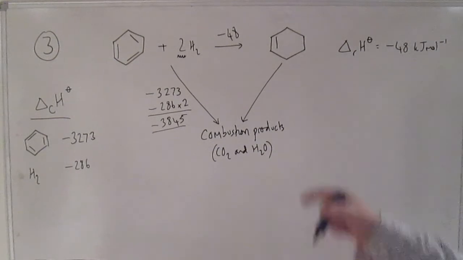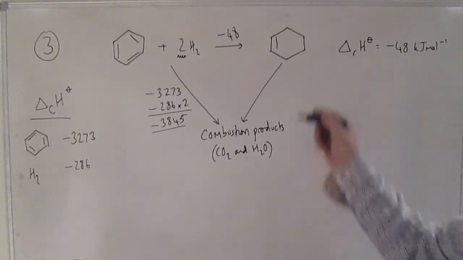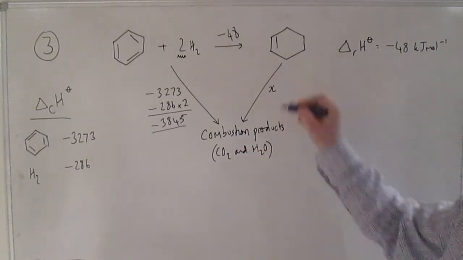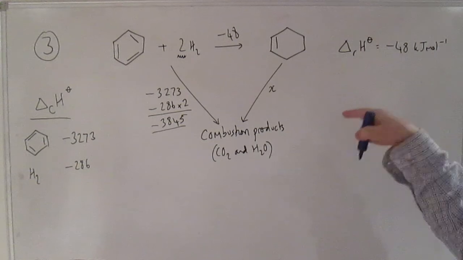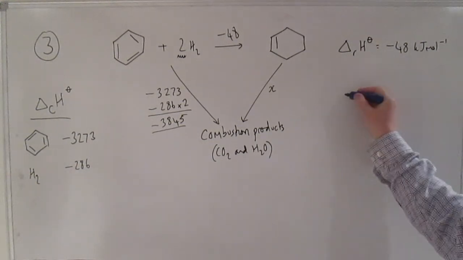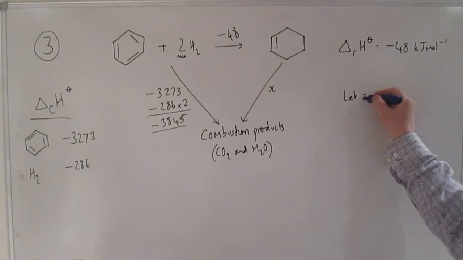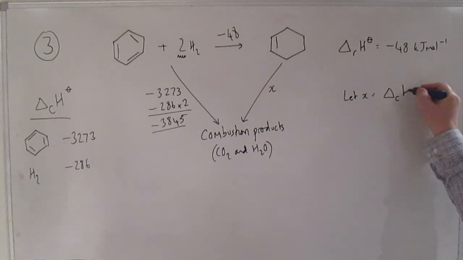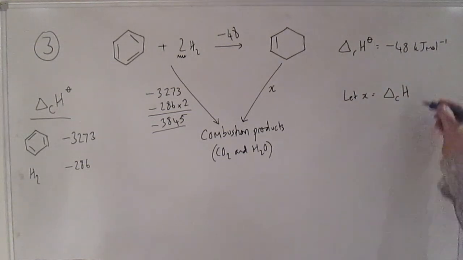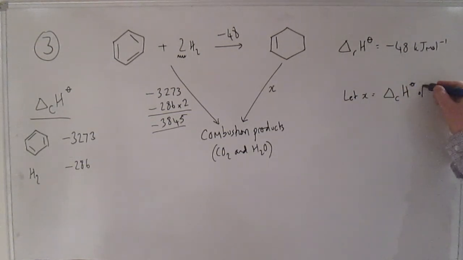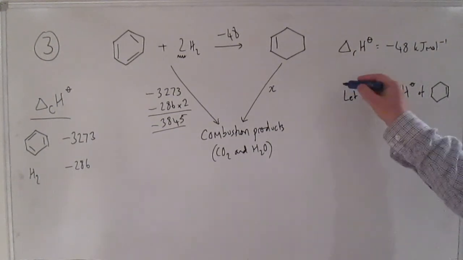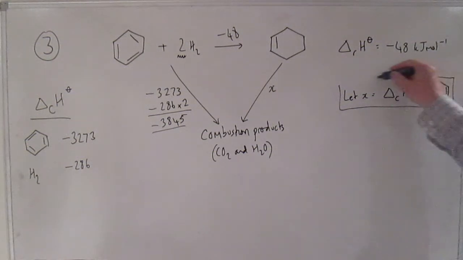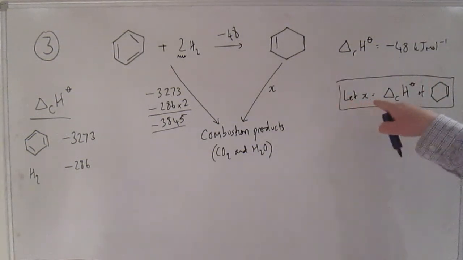Now this one is the one we don't know, so we call it X. And when you do that, you should put a little definition in to say let X equal enthalpy change of combustion, which you can write like that for short, of cyclohexene. So then everybody knows what this X that's mysteriously appeared represents.